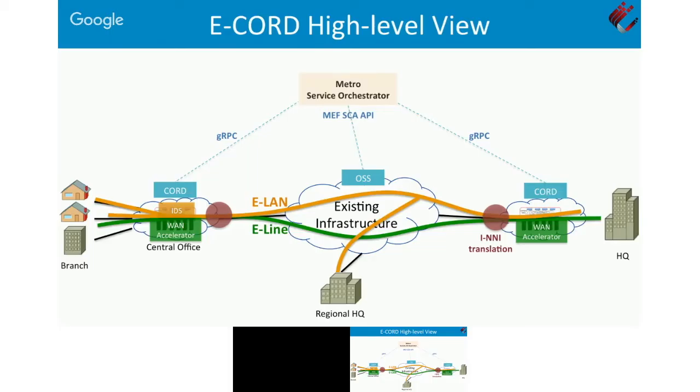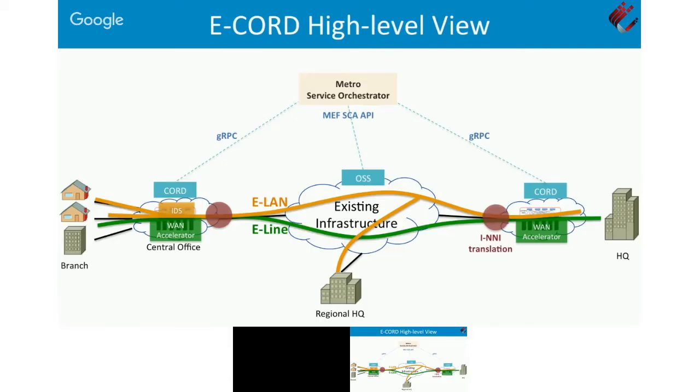It itself will also configure the transport network so that the sites are interconnected, and it also makes sure that translation happens at the edge of the central offices so that connectivity is logically maintained.